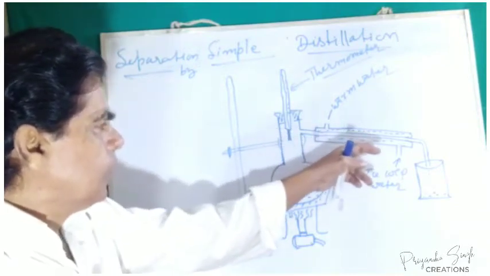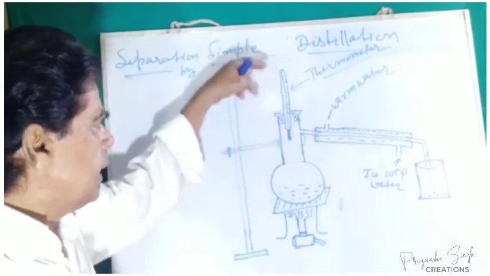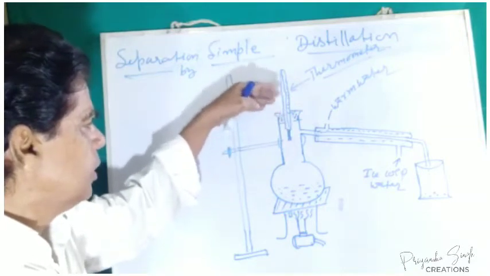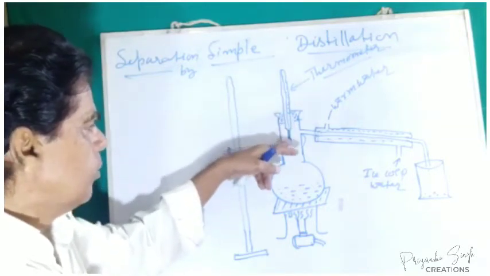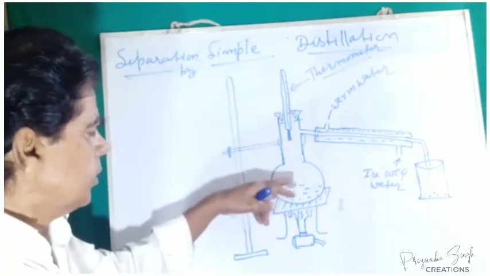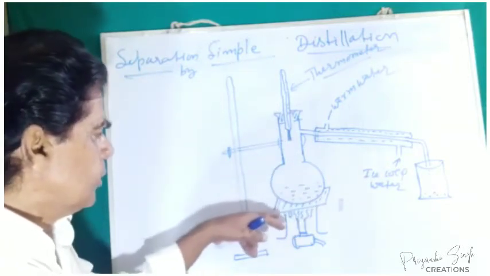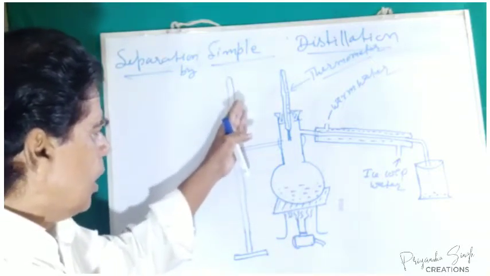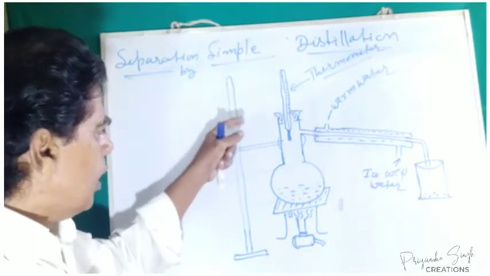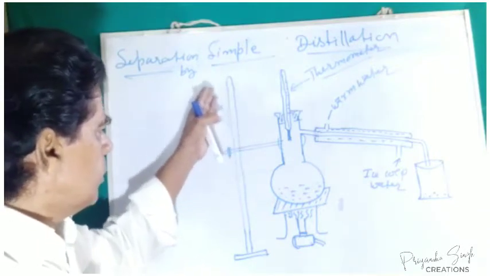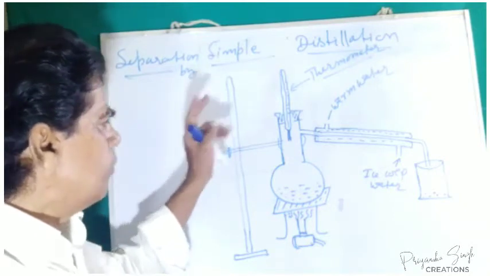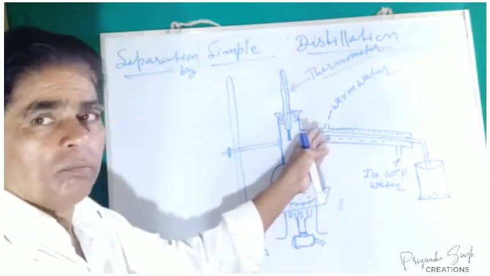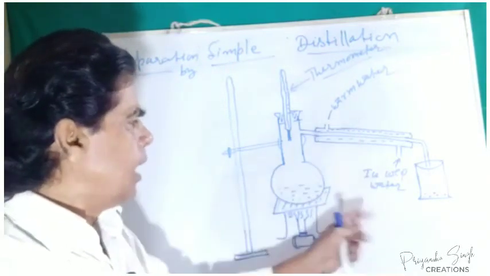It is connected to the condenser, and a thermometer fitted in a cork is fixed in the mouth of this round bottom flask. The flask is placed on the wire gauze and fixed to a stand with the help of a stand clamp. Here the condenser is also fixed with a stand clamp.